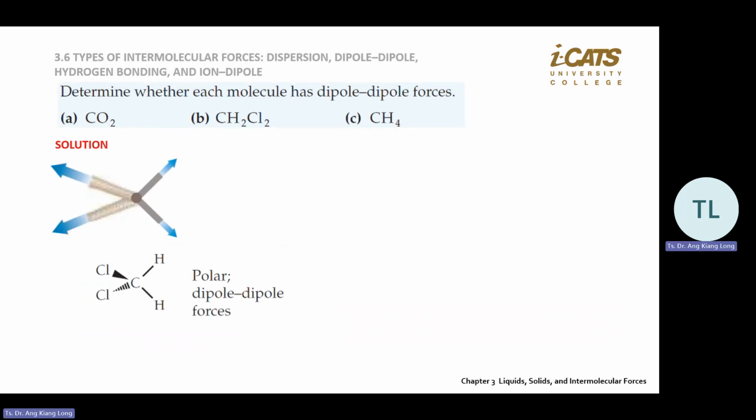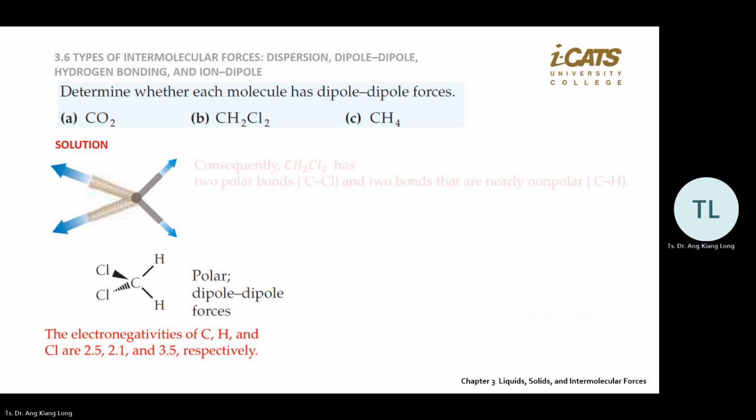Okay, if you draw CH2Cl2, you will see it is polar, right? So if you look at C, H and Cl electronegativity, you look at the chapter 1 electronegativity diagram. C is 2.5, H is 2.1, Cl is 3.5. So of course they will have different dipoles if you look at C to Cl, C to H, and so on. But when you combine them, you need to draw the Lewis structure, right?